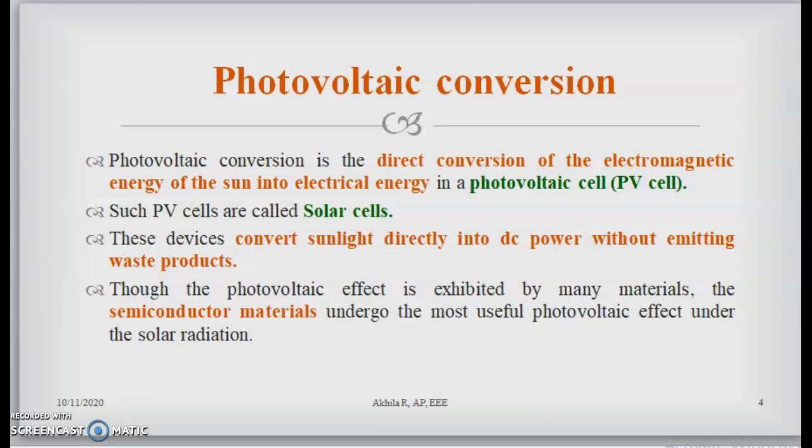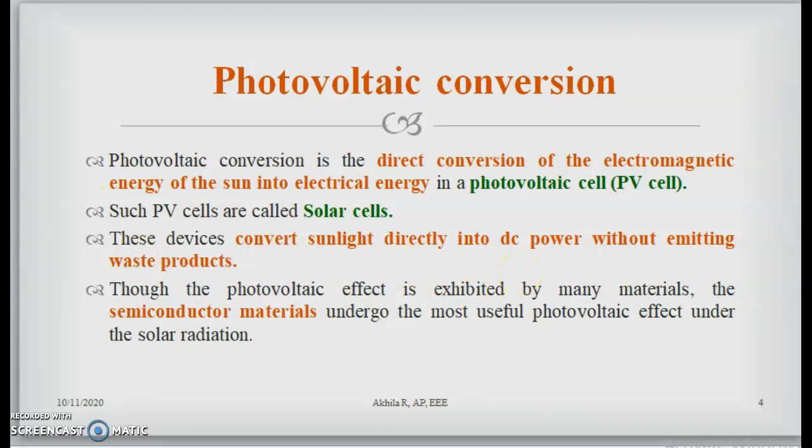Okay, so the direct conversion without any waste, and please note that it is converted into DC power. The photovoltaic effect is exhibited by many materials, but the most commonly used, or which we consider as the most useful one, is the semiconductor materials. So they undergo the most useful photovoltaic effect under the solar radiation.